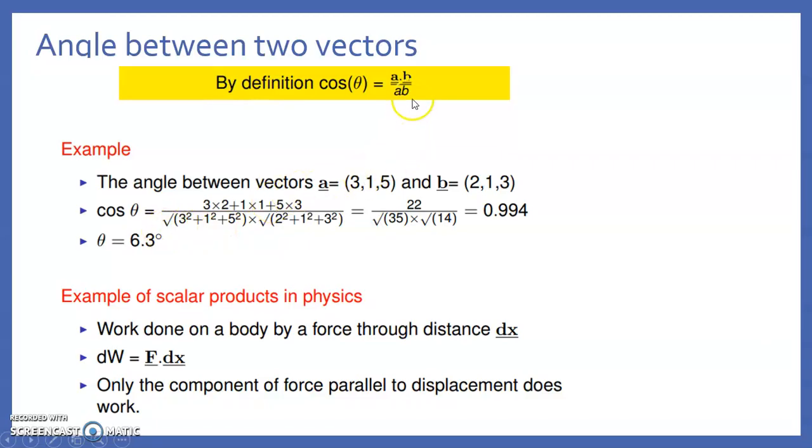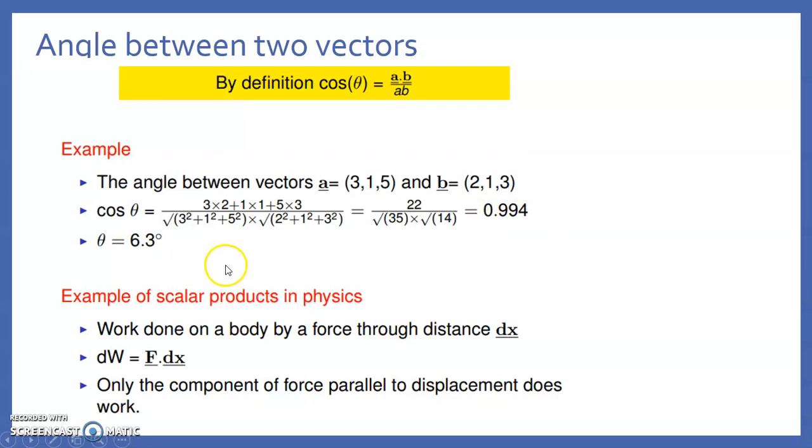Cos theta is A dot B: AX into BX, 3 into 2, 6, plus AY into BY, 1 into 1, 1, plus 5 into 3, 15, divided by the magnitude of A, square root of 3 square plus 1 square plus 5 square, times the magnitude of B, square root of 4 plus 1 plus 9. We get 0.994.